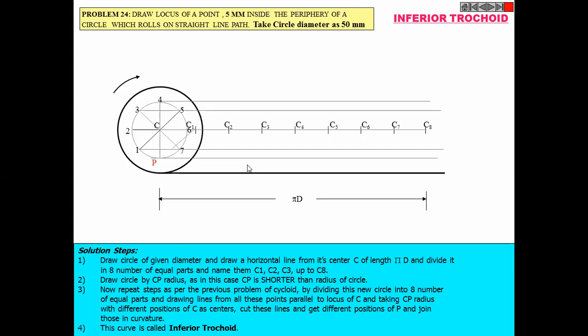So first is C1 to 1, then C2 to 2, but it is not visible, C3 to 3, C4 to 4, C5 to 5, C6 to 6, not visible again due to horizontal coincidence, then C7 to 7, and C8 to 8. So we got all the points like this, and we'll give them names, and we'll join.